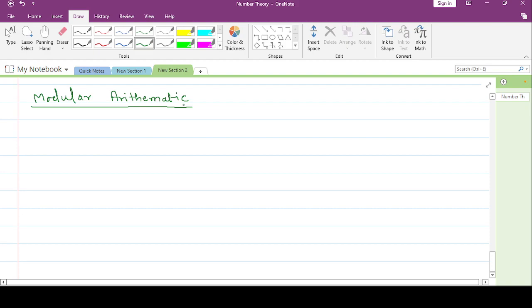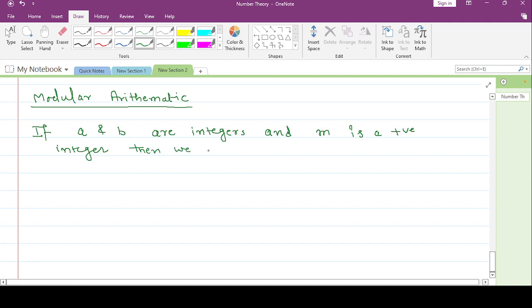So you see that in case of modular arithmetic, if a and b are integers and m is a positive integer, then we say that a is congruent to b modulo m if and only if m divides a minus b.